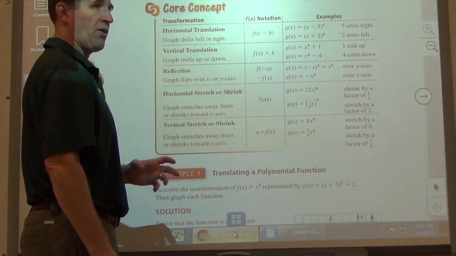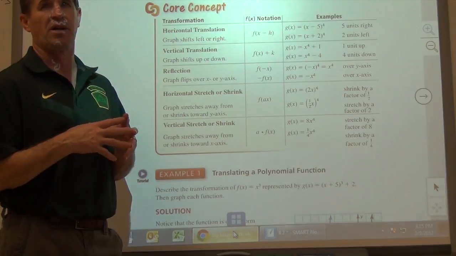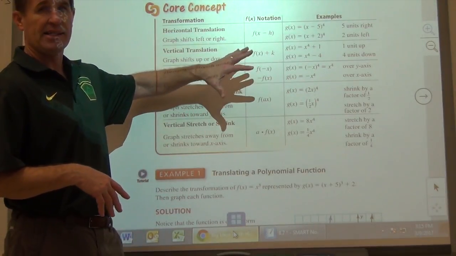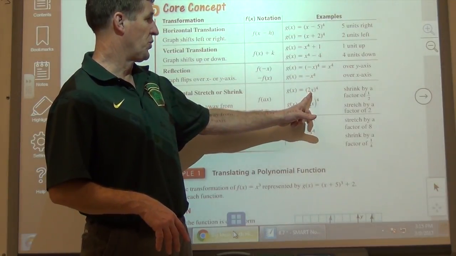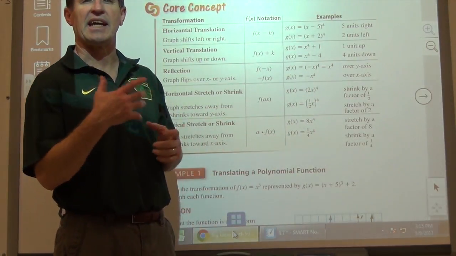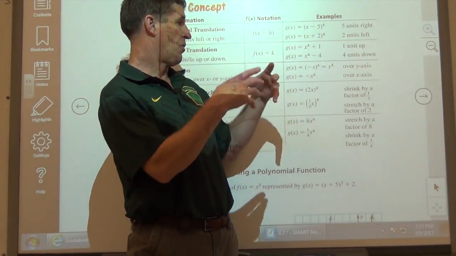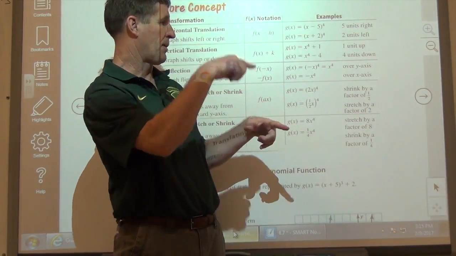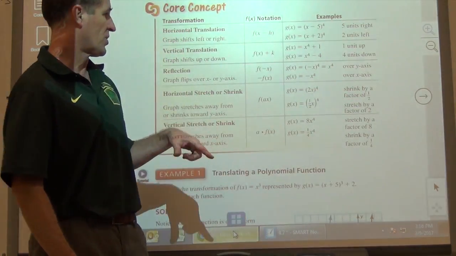Horizontal stretch and shrink, remember stretches are when it's greater than 1, and shrinks are when it's less than 1. You don't worry about the negative sign because that's taken care of with reflections. So if we have 2, remember horizontal is the inverse of what it says, so instead of times 2, it's really 1/2, the reciprocal of that, and so it's a shrink by a factor of 1/2, a horizontal shrink.